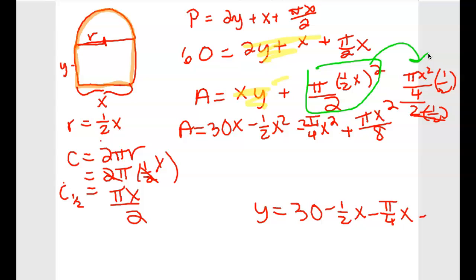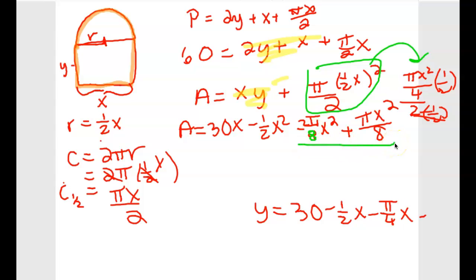Because it's 1/2 x squared, 1/2 x squared became 1/4 x squared, and then divided by 2, so 1/4 divided by 2 is 1/8. Then pi fourths times 2 gave you 2 pi eighths, so these became like terms.